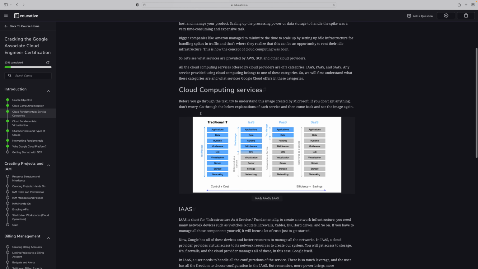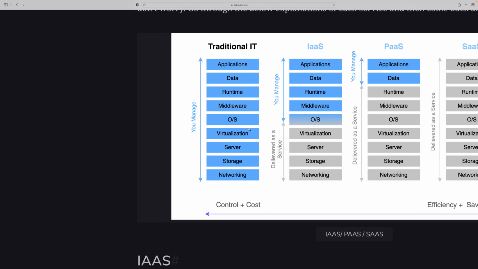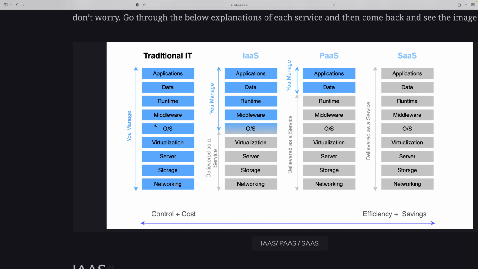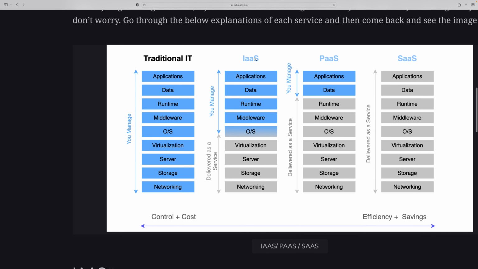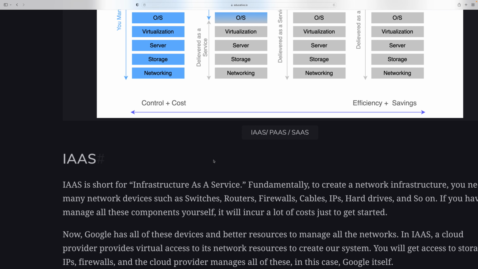So let me explain cloud computing service providers. Traditionally, we use this process. In this image, you can see what you manage and what IaaS, PaaS, and SaaS manage. IaaS means infrastructure as a service.